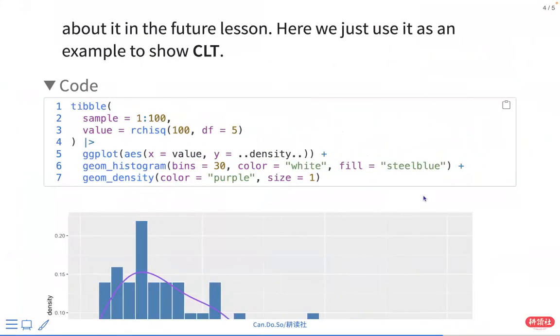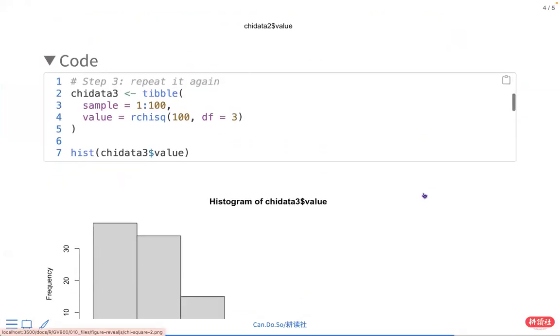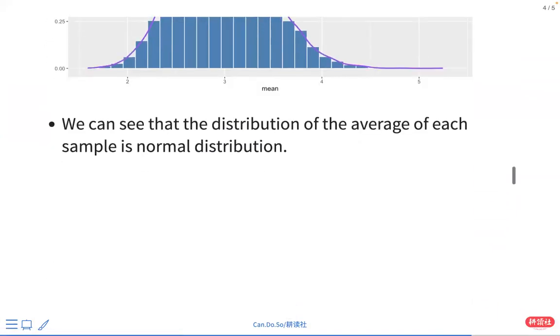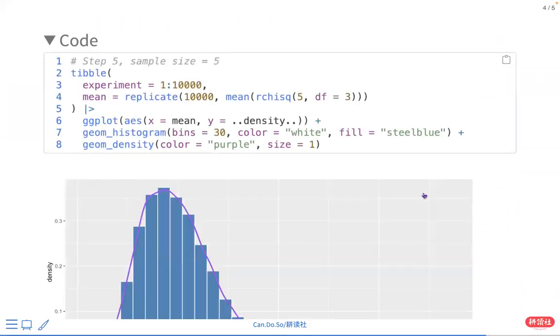So as the sample size goes up, we get a very good normal distribution.